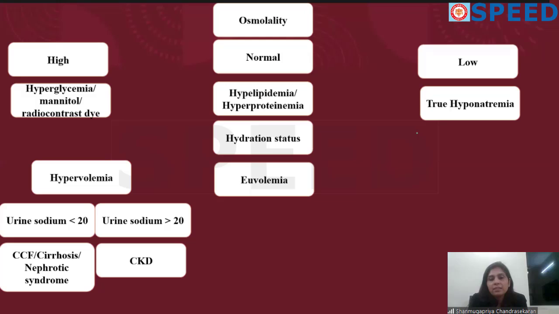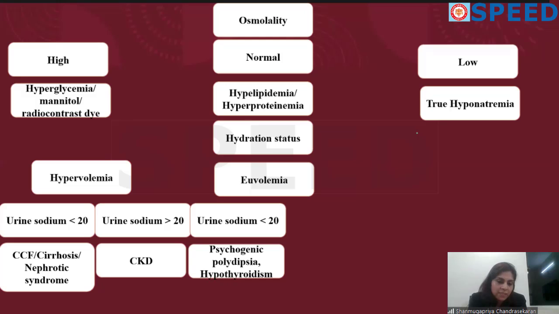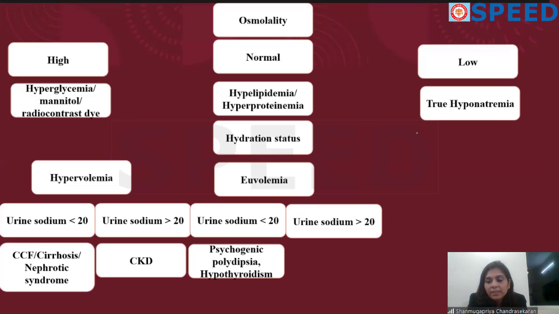If hydration status is normal, I again look at urine sodium. If urine sodium is less than 20 milliequivalents per liter, then it is hypothyroidism or psychogenic polydipsia. If urine sodium is more than 20 milliequivalents per liter, then it is SIADH.